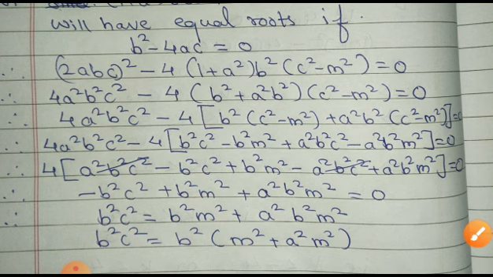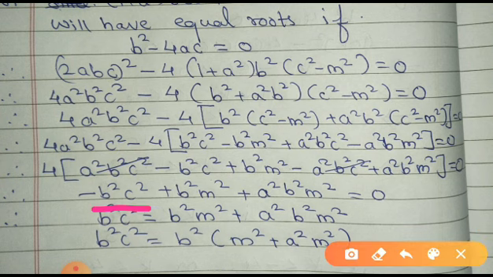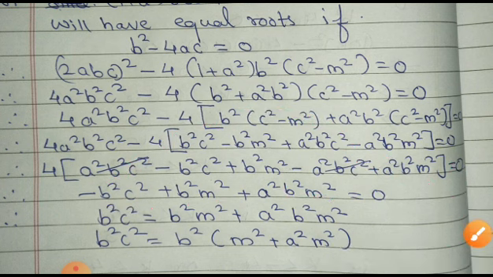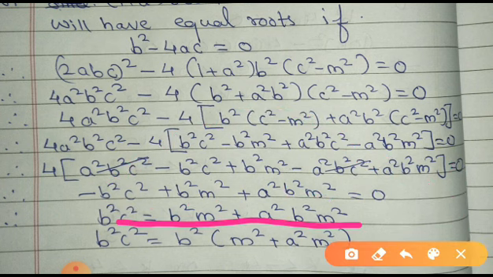According to the question, we need the value of c². So I took this −b²c² to this side, and b²c² will be equal to b²m² + a²b²m². That is what I have written here.